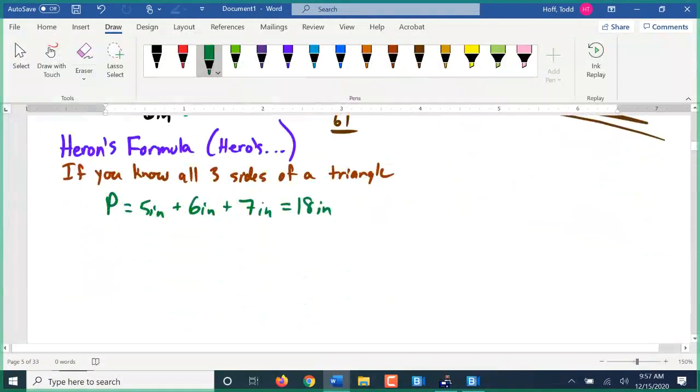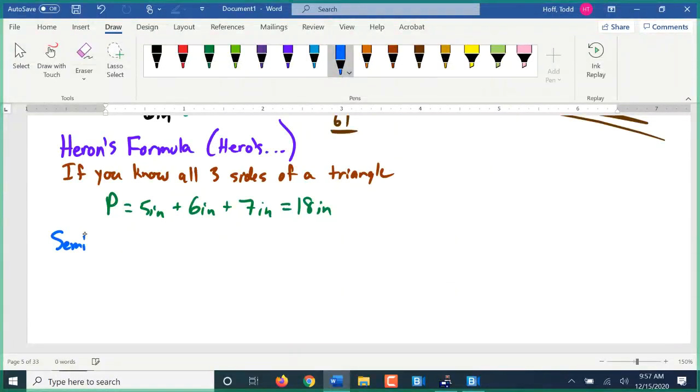Well, then Heron defined a number that he called the semi-perimeter. This was defined with the letter S, and that's just the perimeter divided by 2. So that's 18 inches divided by 2, which gives us a semi-perimeter here of 9 inches.